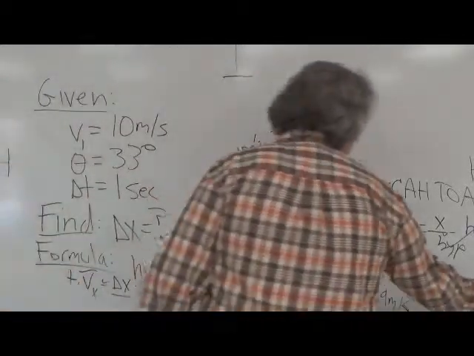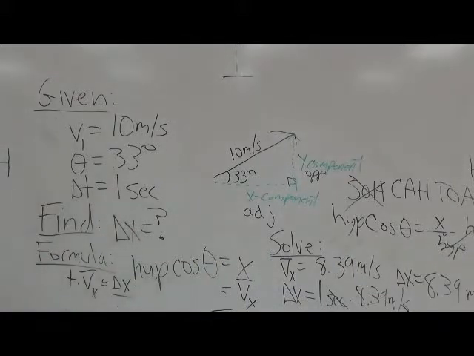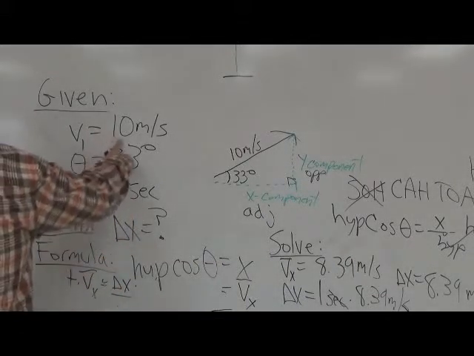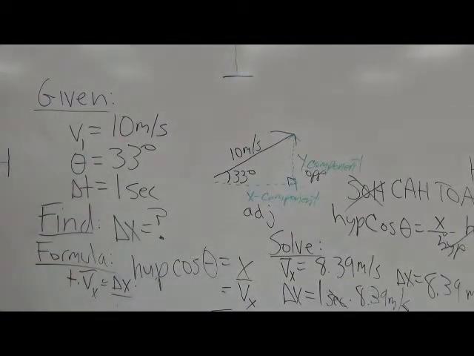Now you have to say to yourself, sig figs. How many sig figs should it be in? Since the initial velocity is 10 without a decimal, it has 1 sig fig. So when you multiply or divide, you look at the least number of sig figs in the numbers you're using in your multiplication or division.